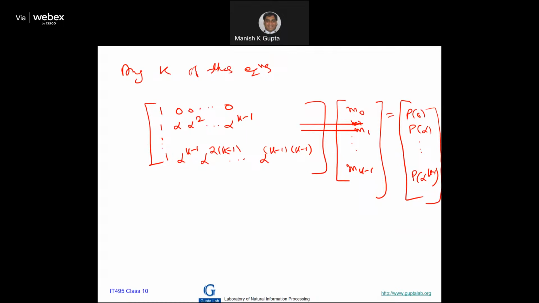That means you can actually solve for these mi's. If these mi's are unknown, you can solve for them. It's a non-singular matrix, so the solution exists. So the system has a unique solution.